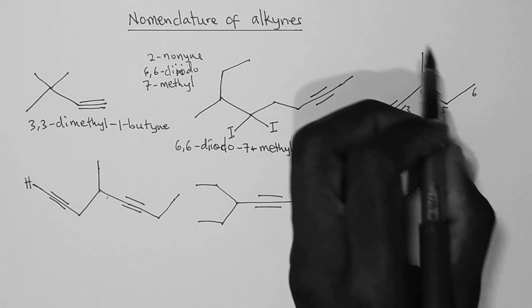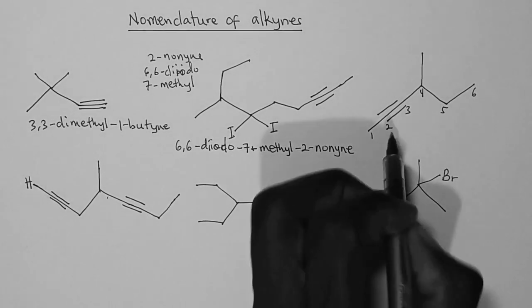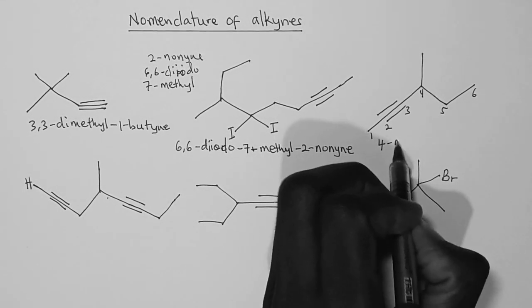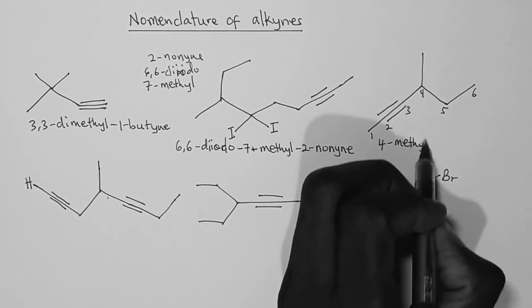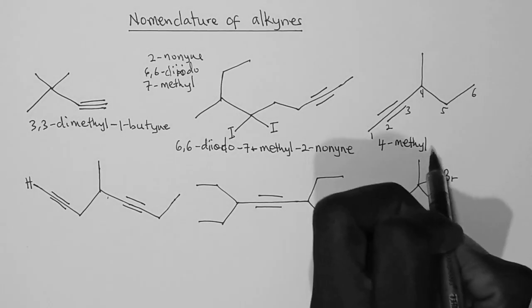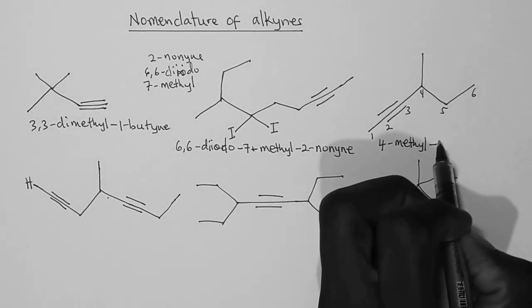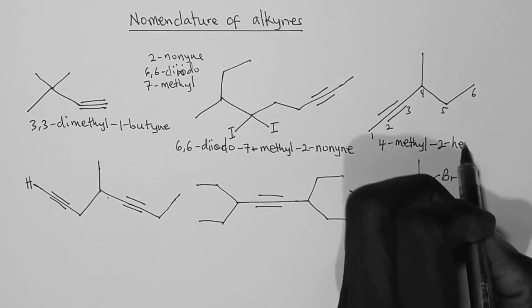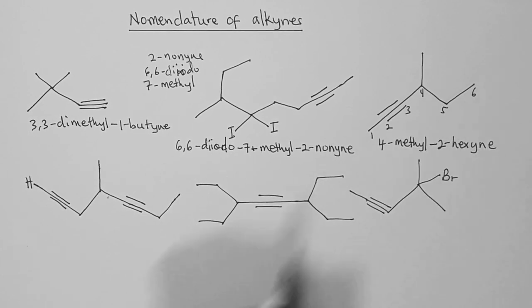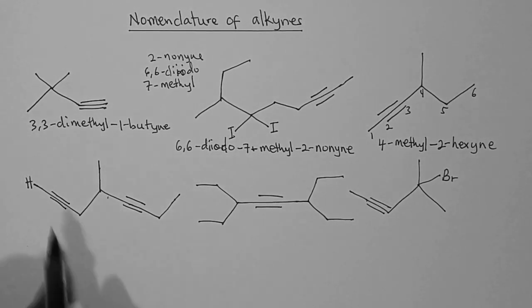So we have the substituent is a methyl. So this is 4-methyl. And then we have the triple bond is on carbon number 2. So 2-hexyne. So that is the name of that molecule.